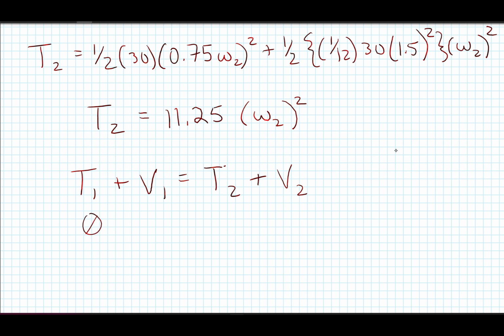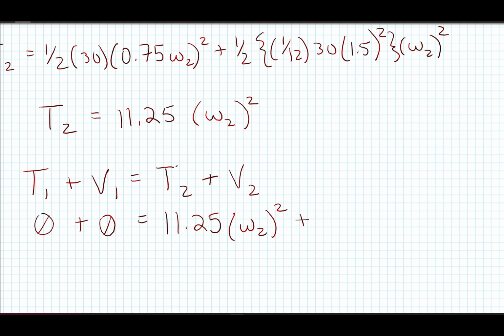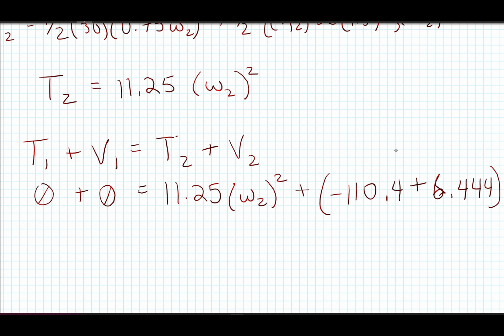So we have 0 on the left side. 0 plus 0 is equal to what we have from above, 11.25 omega sub 2 squared, plus that V sub 2, which is negative 110.4 plus 6.444.